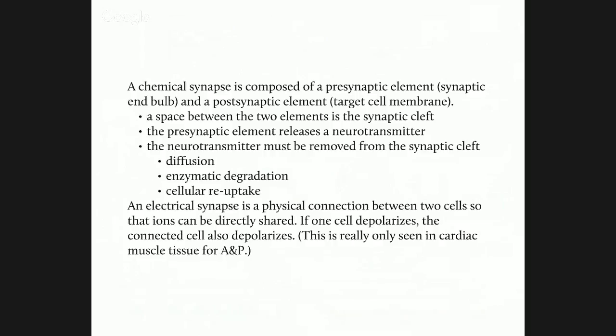Electrical synapses are where there's a physical connection between two cells, and the ion channel is actually a continuous connection through the membranes of the two cells, so that if sodium gets into one cell to depolarize it, that sodium will automatically cross over and depolarize the neighboring cell. The only place where that's relevant in A&P is in cardiac muscle tissue.